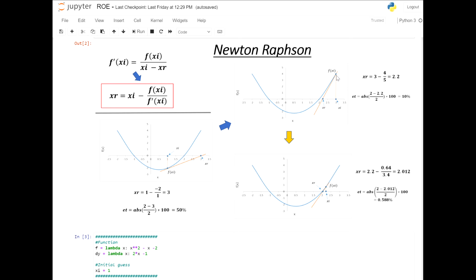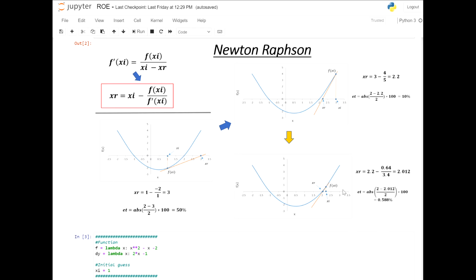We took the function value of it, which is 4, and also the derivative, which is 5, and that gave us a better root of 2.2 with a true error of 10%. And we took that 2.2, took the function value at it, which is 0.64, and a derivative, which is 3.4, and that gave us an even better root approximation of 2.012, with a true error of 0.588%.